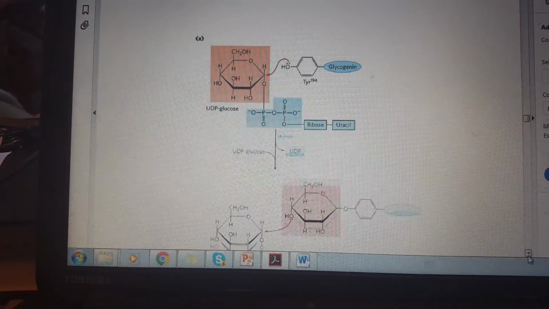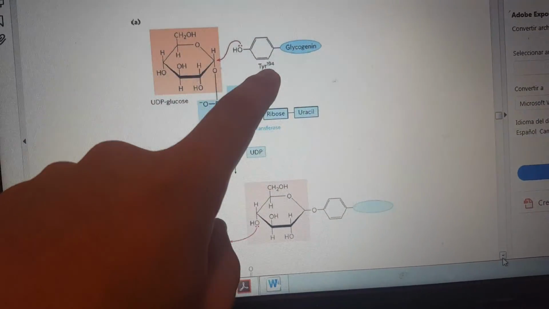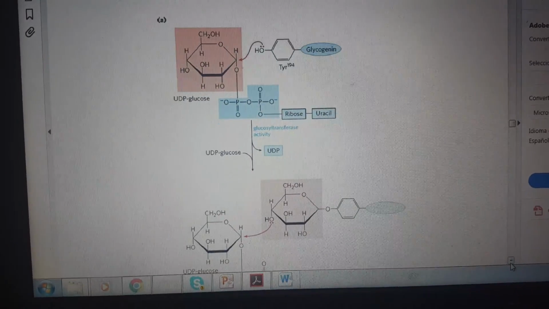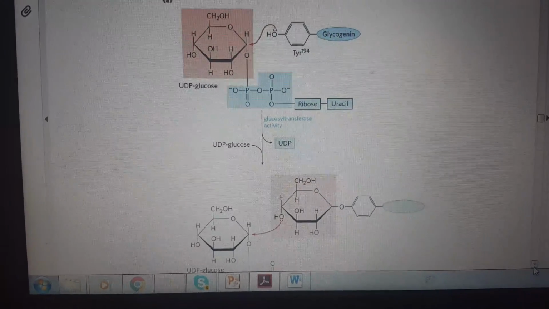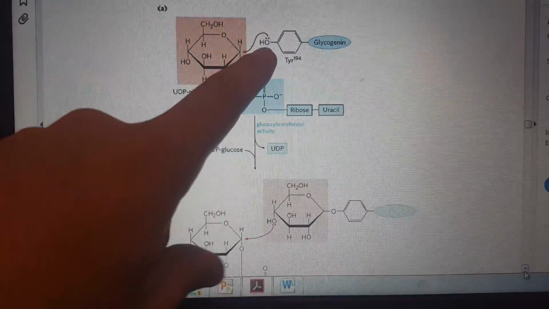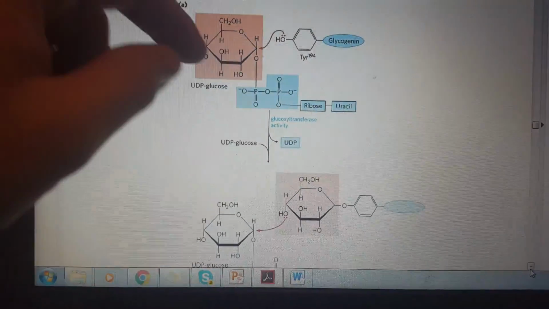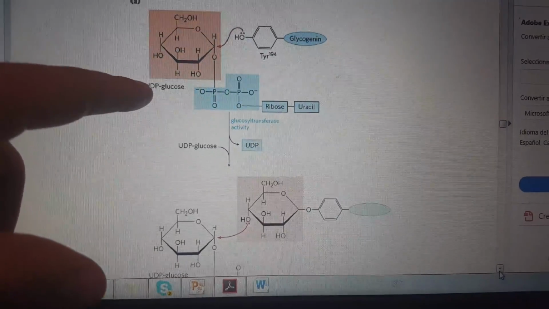As you can see, we have the glycogenin in this portion. Glycogenin has a tyrosine residue in position 194, and this portion of glycogenin is going to make a nucleophilic attack on the UDP glucose.